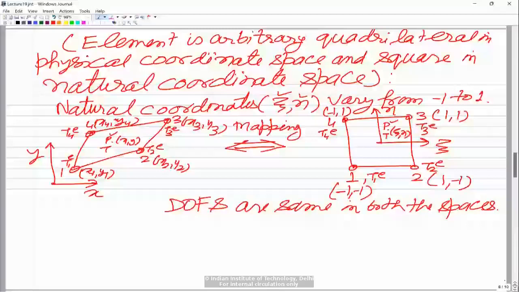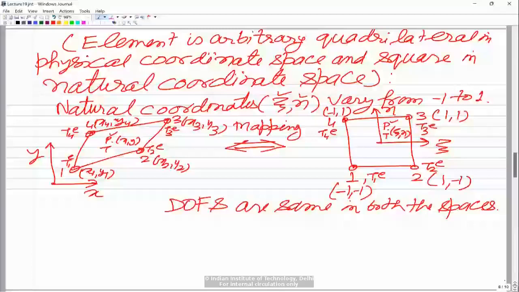But in the integral functional we need the derivative of temperature with respect to x and y. Therefore we also need the relationship between x, y and xi, eta. That means the interpolation of temperature is going to be there, and also the interpolation of the x and y coordinates.